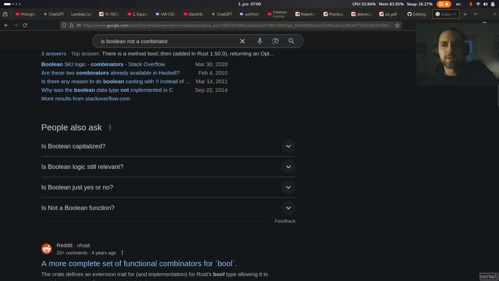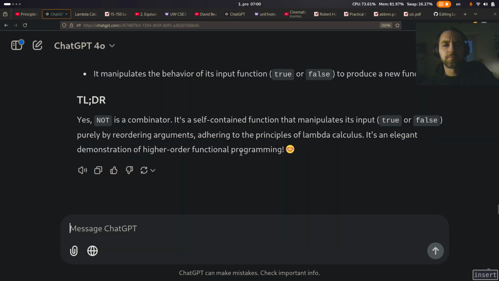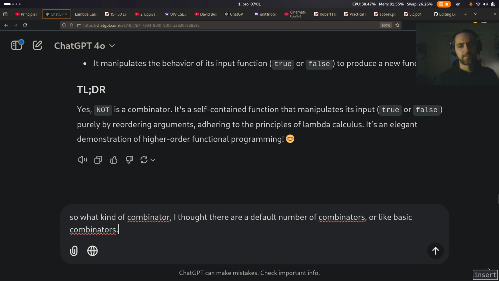That's interesting. Combinator. So what kind of combinator? I thought there are a default number of basic combinators. I'm still having difficulties understanding the not operator.